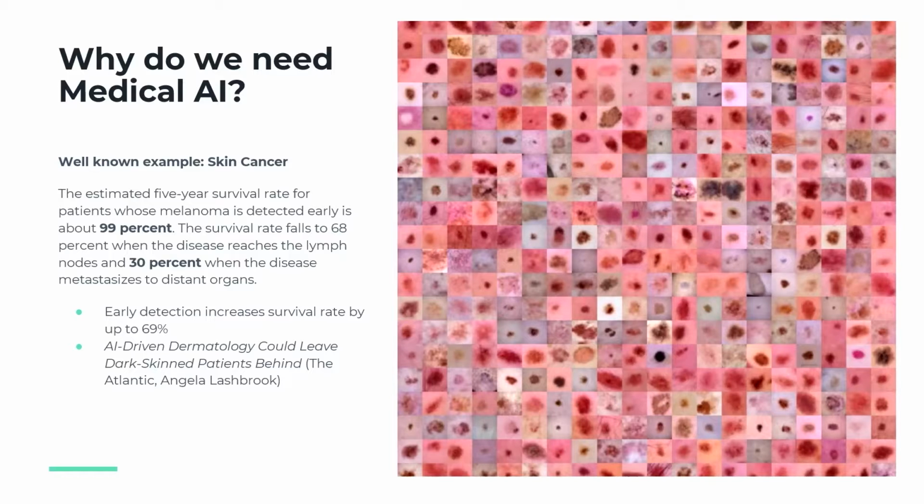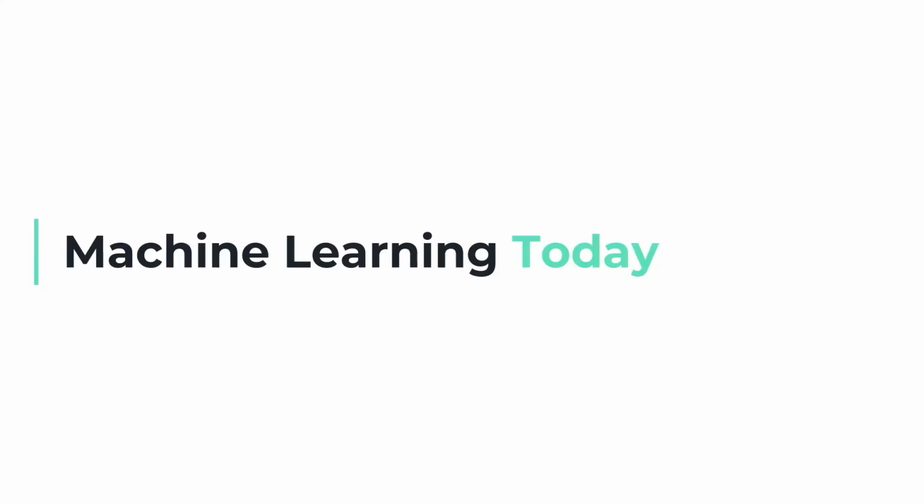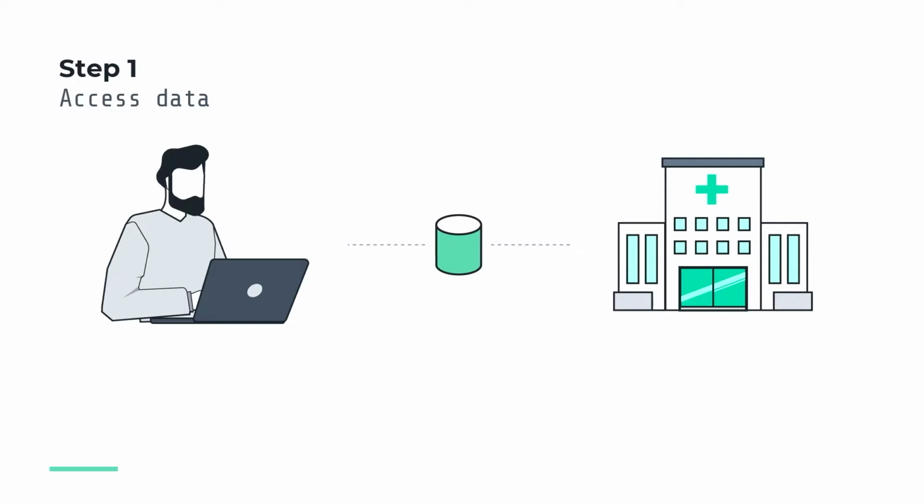To understand what federated learning is, I will first explain how machine learning happens today, and then later explain how we can get from there to federated learning. To do a machine learning project today, you have to start with getting some data. Getting some data means you have to talk to a university, a hospital, or some institution which has medical data.